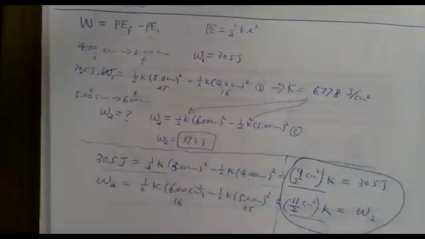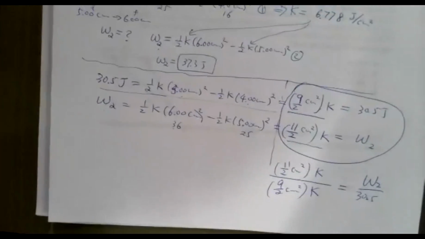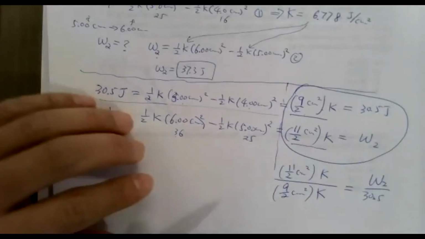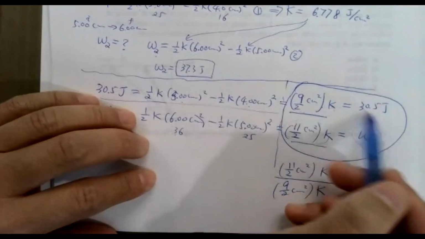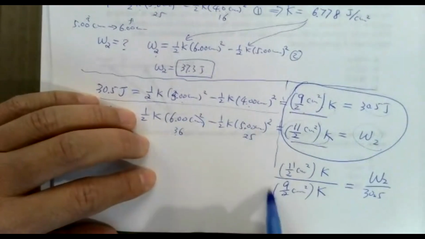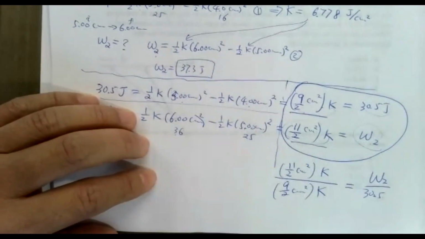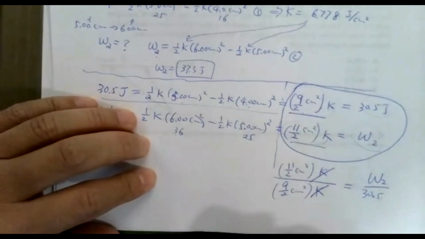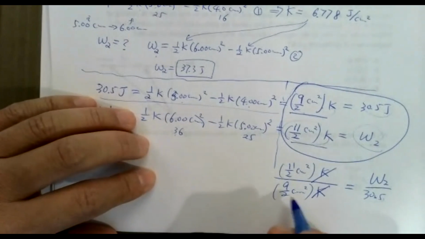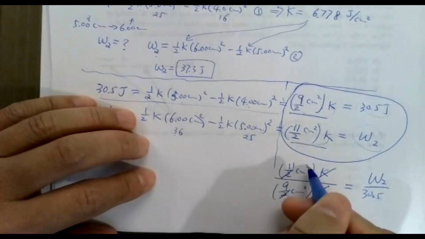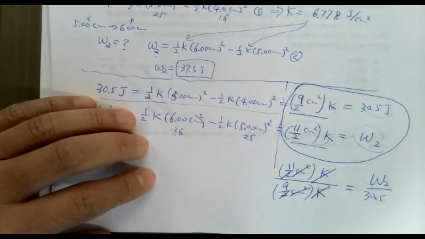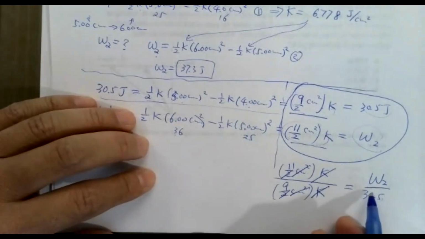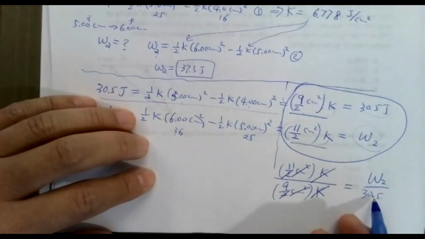So I did this over this, it should be equal to this over that, okay? So you can see K and K will cancel out, okay? Even the half and half will cancel out, the unit will cancel out as well. So then it's 11 over 9 equals W2 over 30.5, okay?